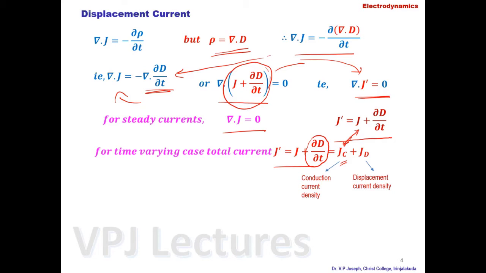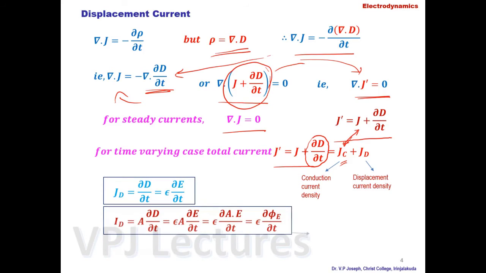Similarly, Jd is called the displacement current density, that is produced by a time rate of change of the electric flux. So right now we may write this as Jd is equal to dou D by dou t, or epsilon dou E by dou t, as the expression for the displacement current density.